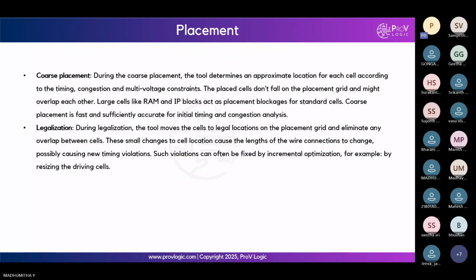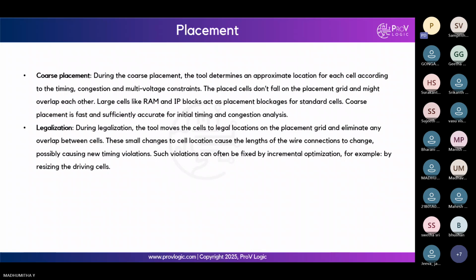In this placement stage, we will place all the standard cells of our design. Standard cells means all the combinational and logical cells of our design.